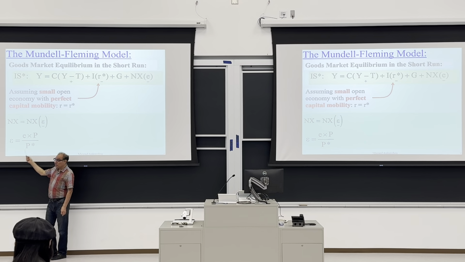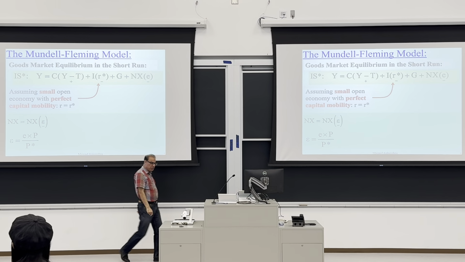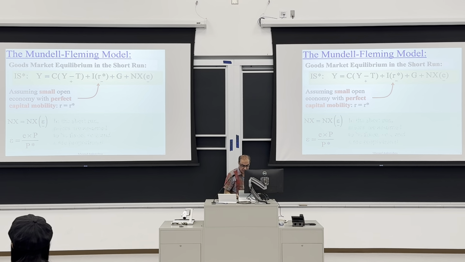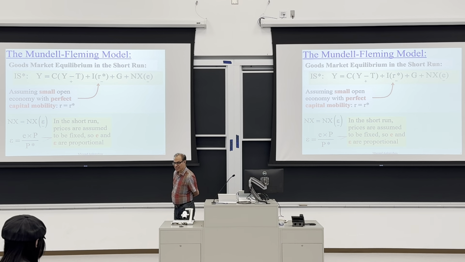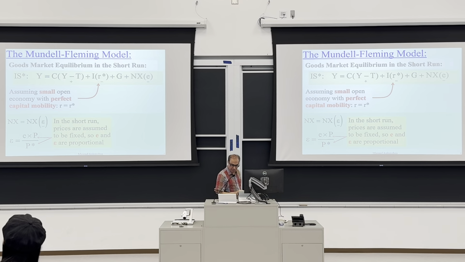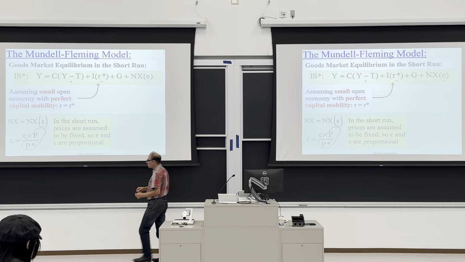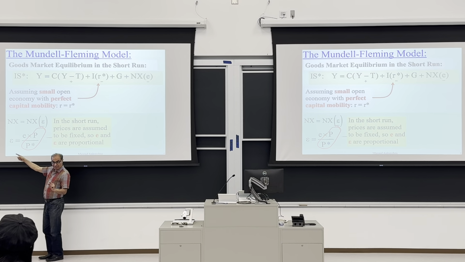And the real exchange rate relation was this, you remember chapter 6? Now, we are in the short run. So short run means what? Short run means these two prices are fixed. You remember that? Short run prices are fixed. So if short run prices are fixed, it means what? The real exchange rate, you see, this is something that we didn't have in the long run.